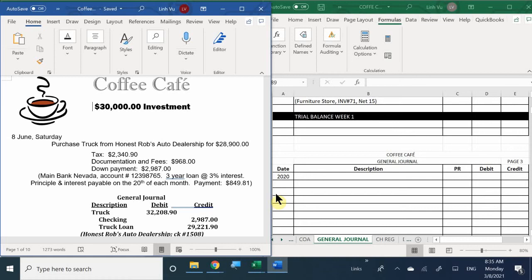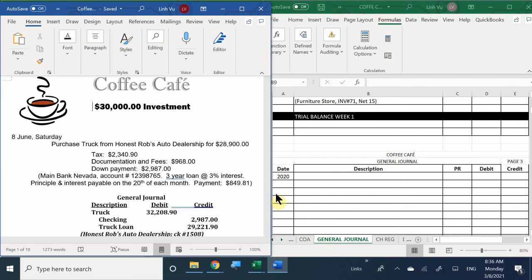So here it is, $968. And even a down payment. Remember when we made a down payment, because they're not going to give us a truck if we don't put anything down. And then, by us getting this truck, we also got approved for a truck loan.